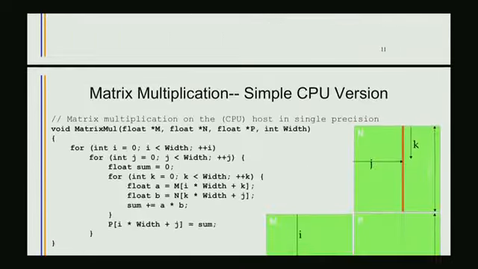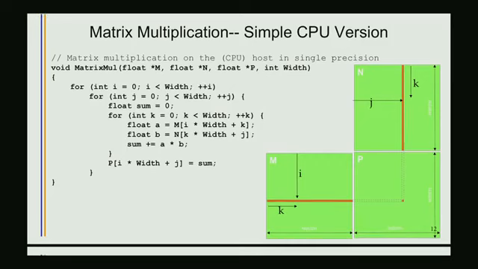Okay, we'll give you another view of this. So here's the output matrix. Here is M, and here is N. So let's get a little comfortable with this diagram. Here's the output matrix, P, width by width.